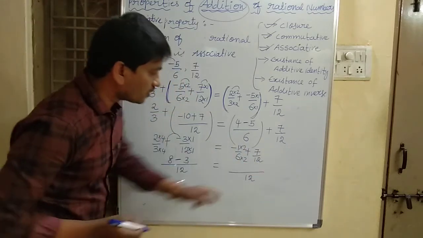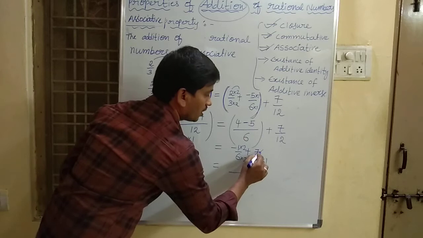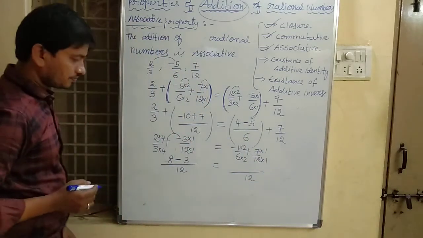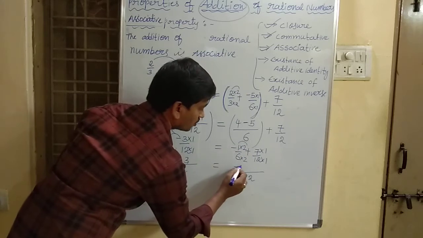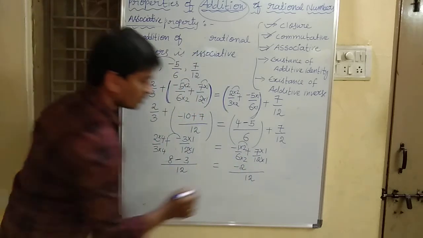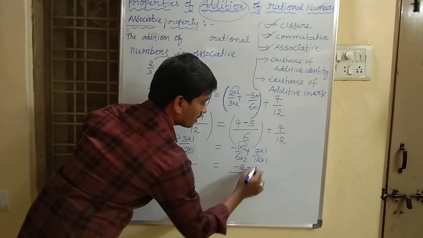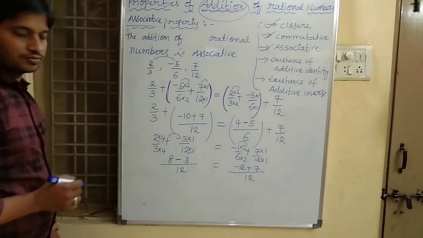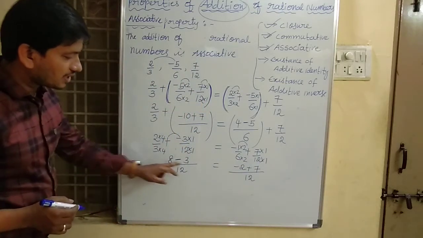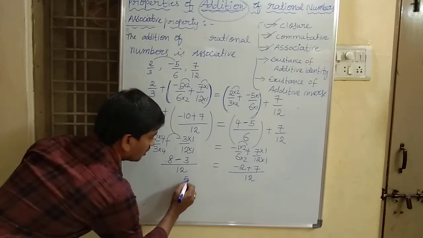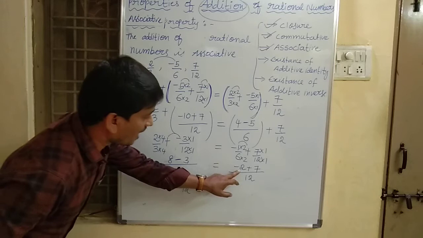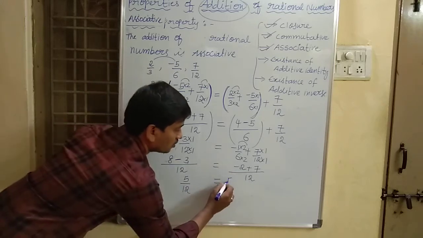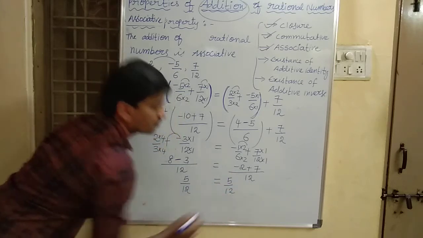Now 12 how much are 12? 12 ones are 12, so into 1 and 1. So 8 minus 1 into 2, minus 2, plus 7 ones are 7. Now you see, 8 minus 3 is equal to 5 by 12, equal to minus 2 plus 7, which is also 5 by 12.